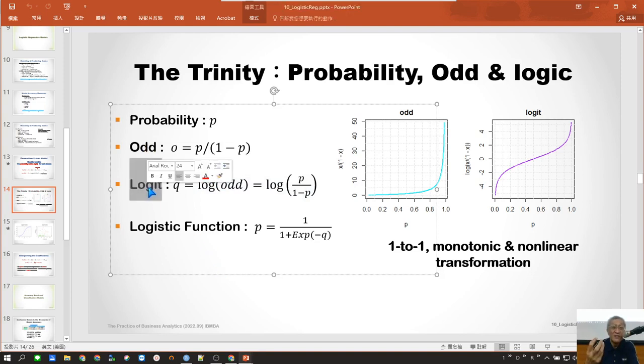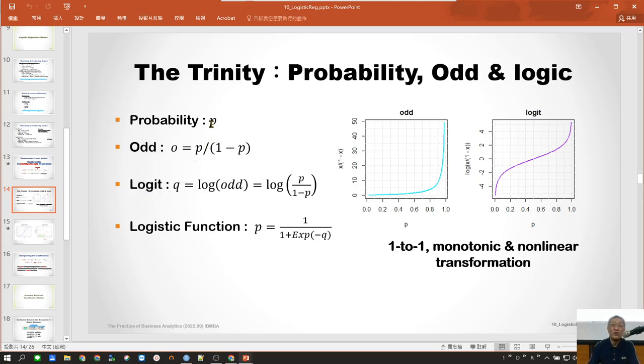So I can say the probability of y equal to 1, the odd of y equal to 1, or the logit of y equal to 1. They are all measuring how likely y would equal 1. There are three different ways of calculating probability, and they are the same thing.